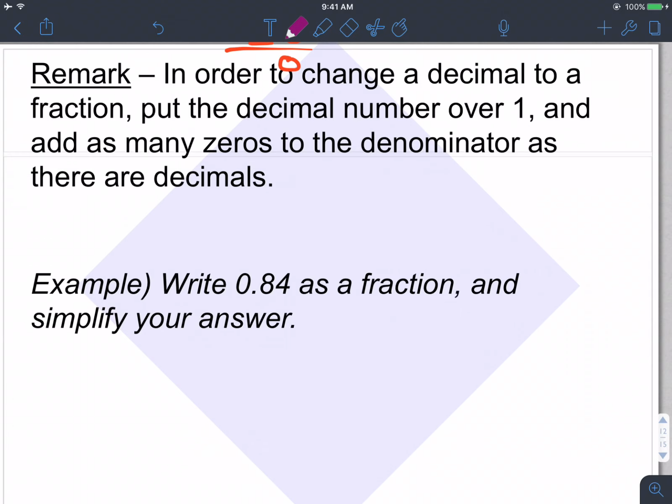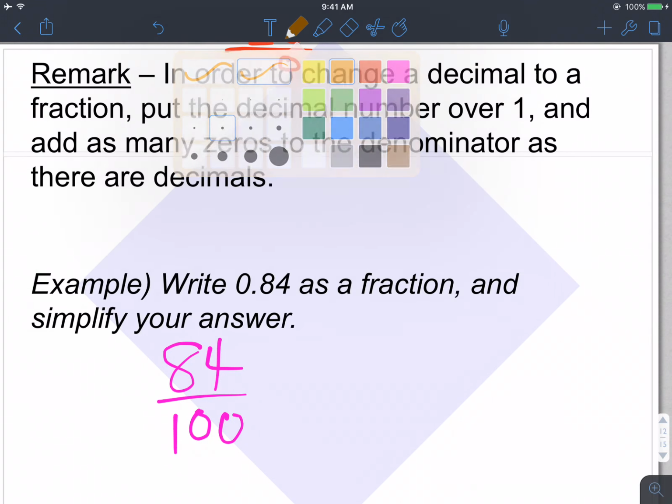I would write 84 over how much? 1. Put 84 over 1, but add as many zeros as there are decimal digits. So how many digits do we have? 2. So I should put 84 over 100. It will ask you to reduce.